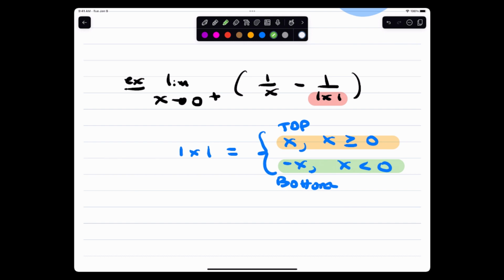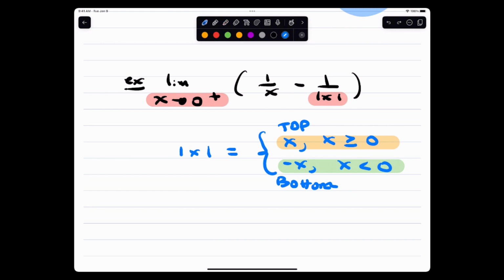You guys okay with that? All right. So how do you know which piece you're going to use for that absolute value? Well, you got to know, what's this limit? x is going to 0 from what direction? All right. So if it's going to 0 from the right, which piece do you use?